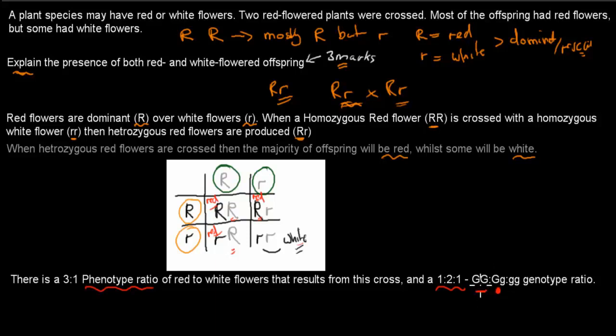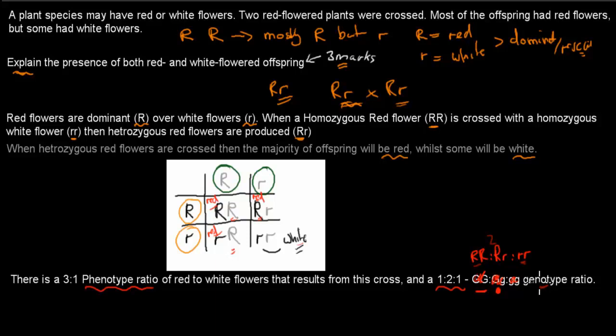Actually, I don't know why I used green here. I confused myself. This is not supposed to be green. This is supposed to be R, small r, and 2 small r's. So this means 1 is homozygous red, 2 are heterozygous red, and 1 is homozygous white.